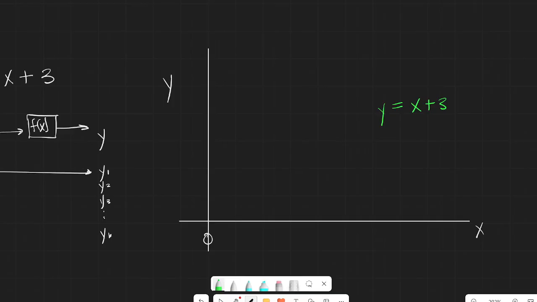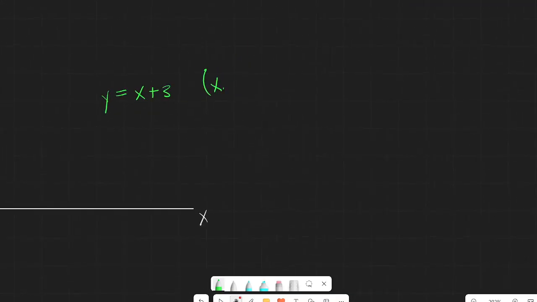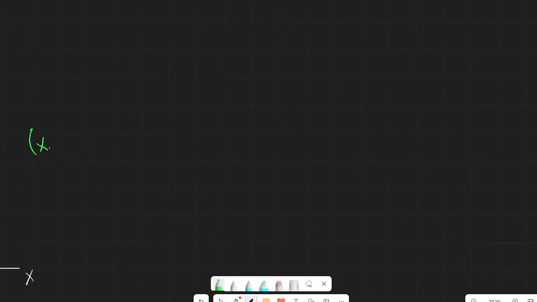So what I will do is write this in a coordinate form. I'll make a table. This is the best way to do it. We make a table. So we'll have an x coordinate and a y coordinate, and we're going to do multiple ordered pairs, is what these are called.